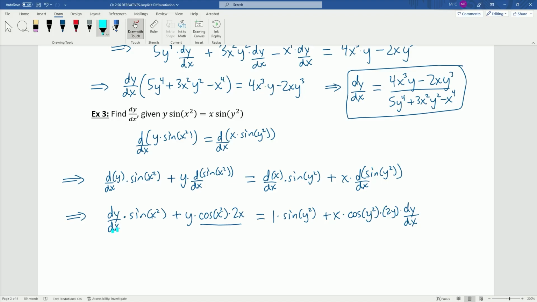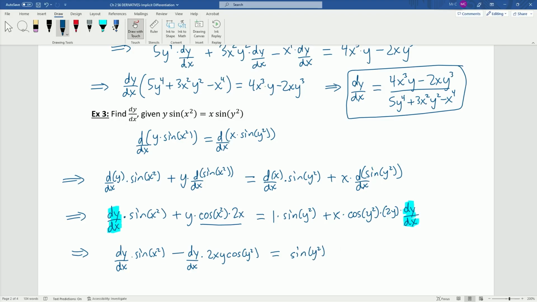And now, again, this just becomes an algebra problem. Anywhere you see a dy dx, you need to move that all to one side of the equation and solve for it. So we get dy dx times sine of x squared minus, and I'm going to rewrite this slightly, I'll put the dy dx in front times 2xy cosine of y squared, just looks a little more symmetric there, equals sine of y squared.